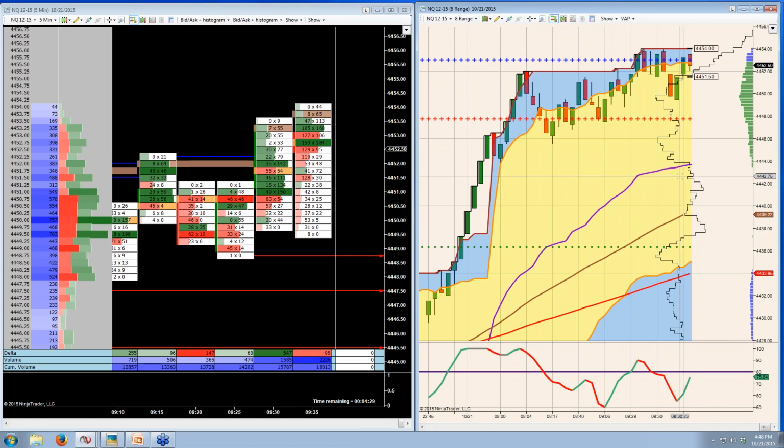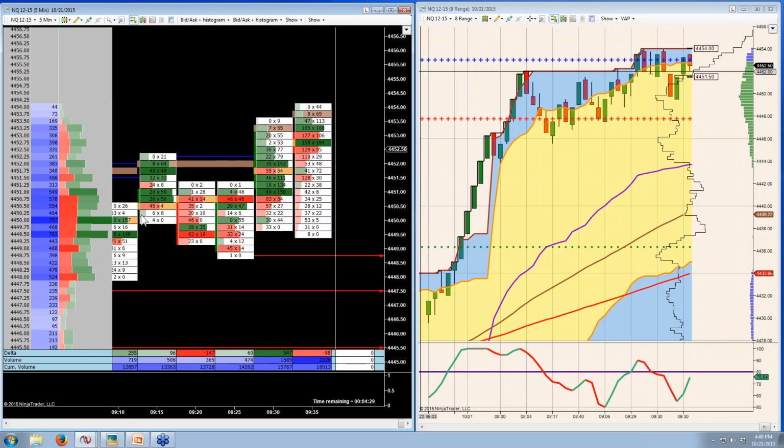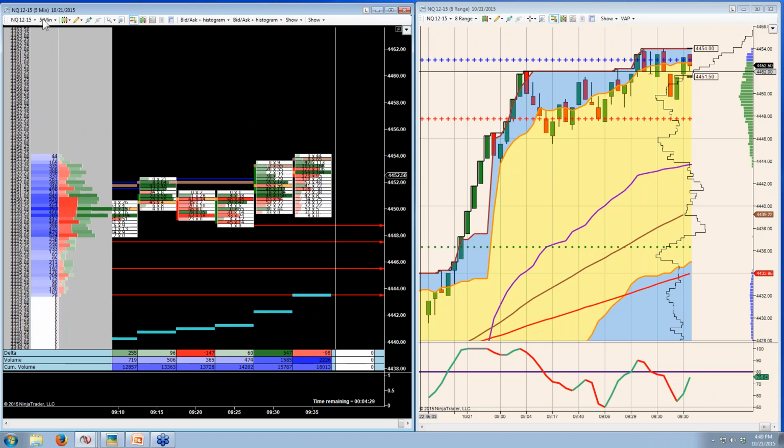So I'm going to hit play here in just a second, but I just wanted to go over a couple things here before I do. So on the order flow chart here, unfortunately, because I'm doing the chart replay, it's not giving me all of the volume over here. Normally, this would be loaded with all of the volume for pre-market, for the whole day, leading up till 9:30.